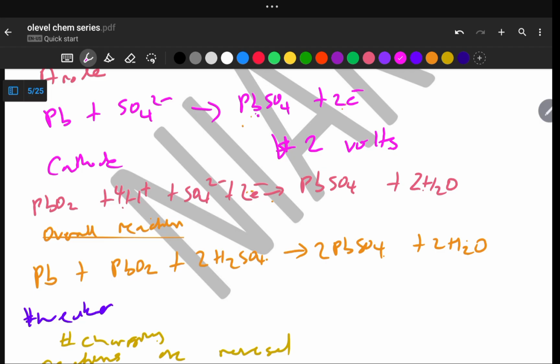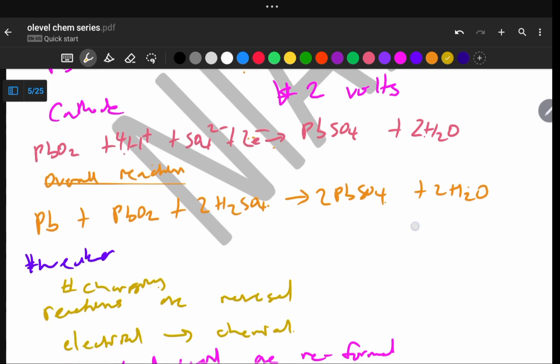This is high yield. And then we can have the equations during charging, right? During charging, we said it's a reverse process.